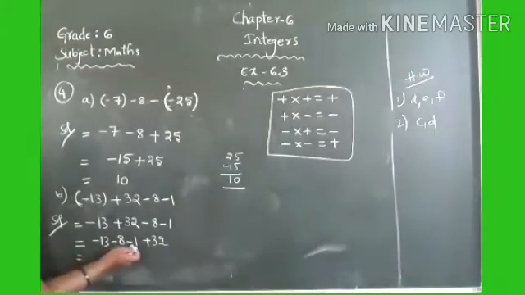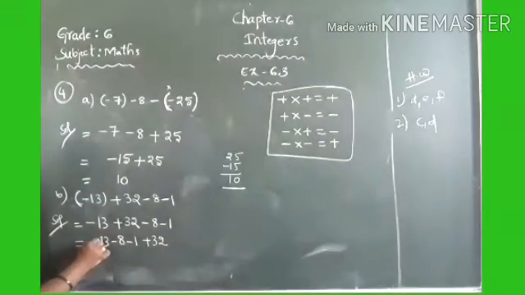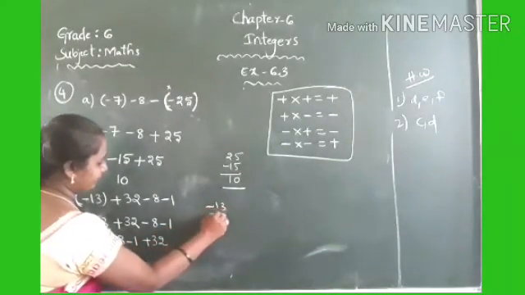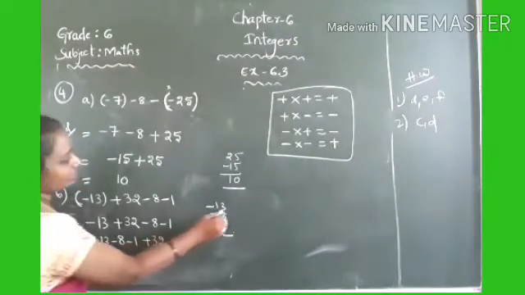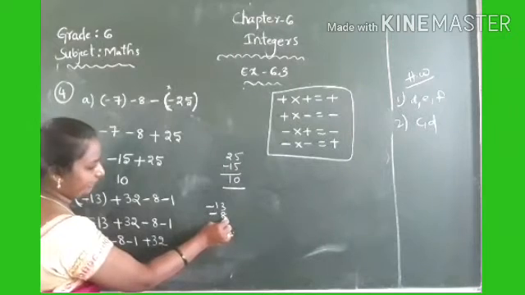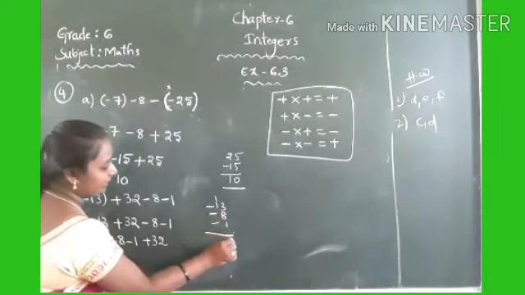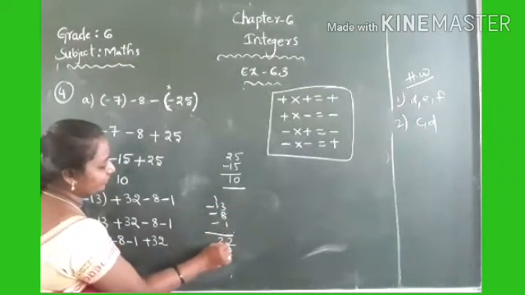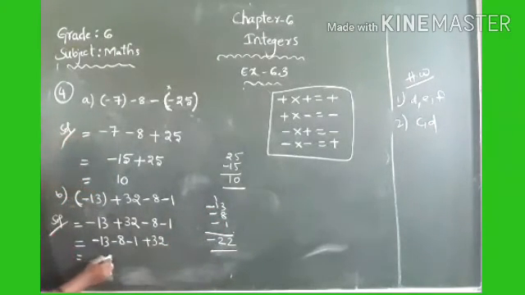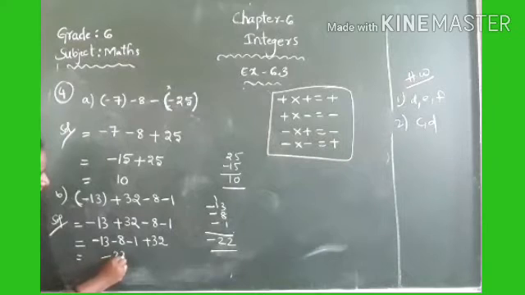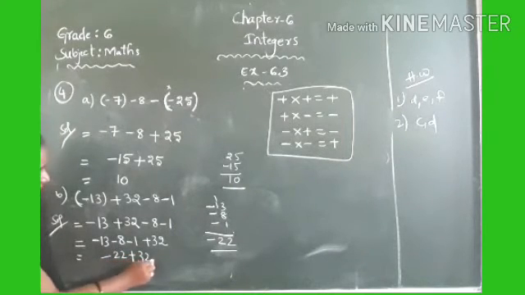Now add these all. Same sign means you have to add, and give the negative sign only. Minus 13, minus 8, minus 1. Add these integers: 3 plus 8 is 11, plus 1 is 12. 1 plus 1 is 2. So all are negatives, give negative: minus 22 plus 32.